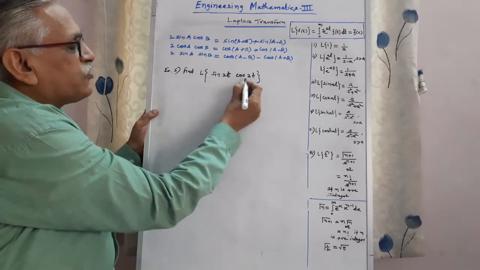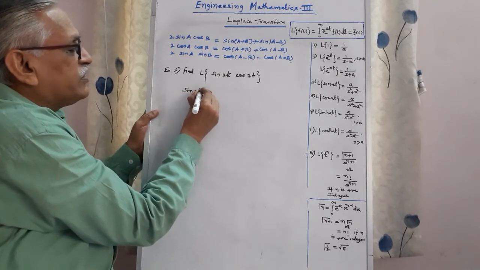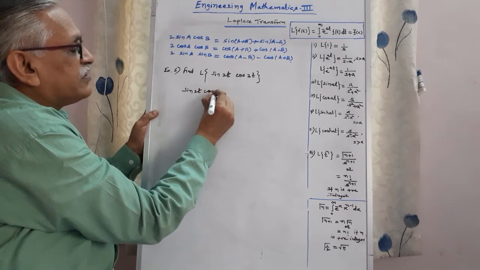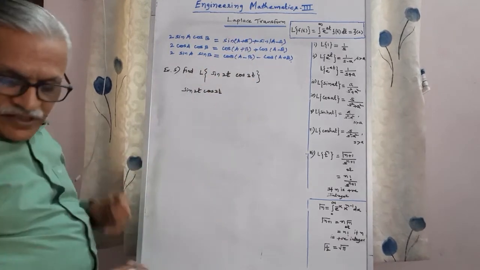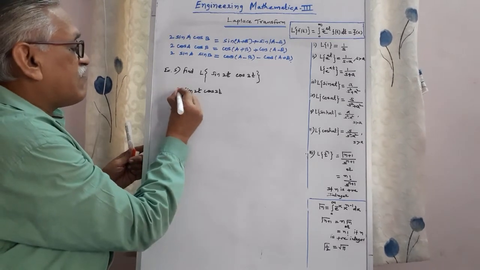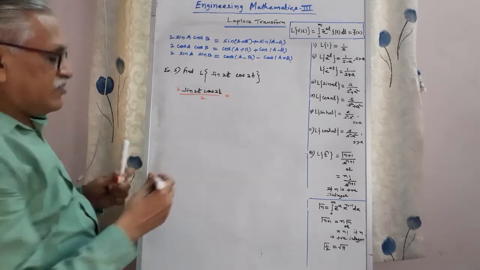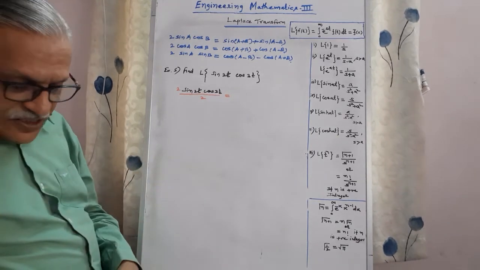Therefore, what we have to do here is convert this product sin 2t cos 3t by using this. For that, we have to multiply it by 2 and divide by 2, as an adjustment.